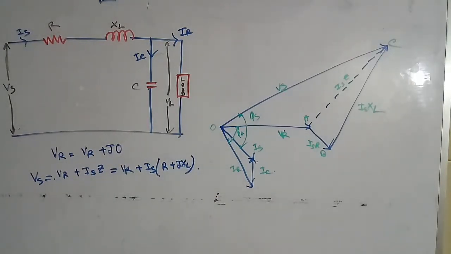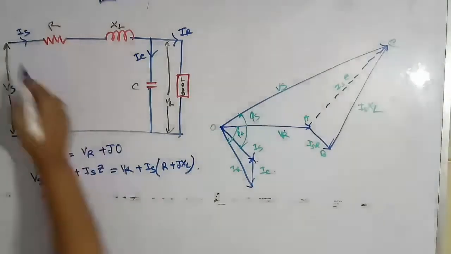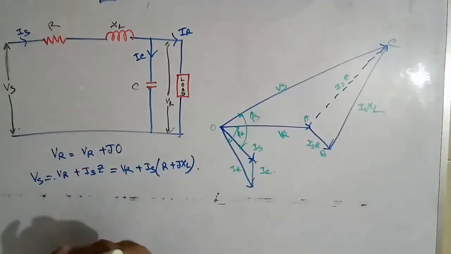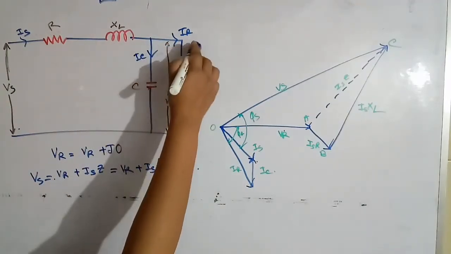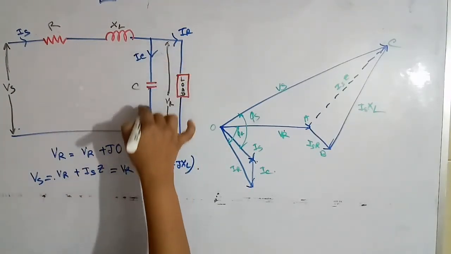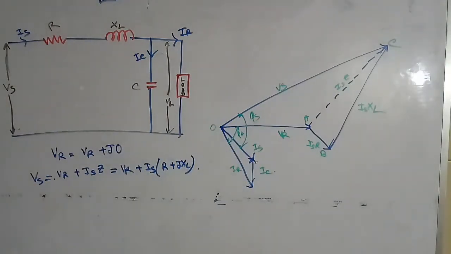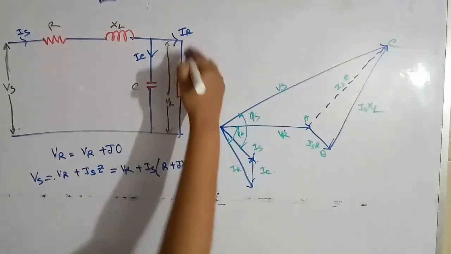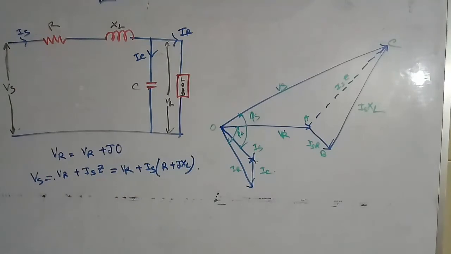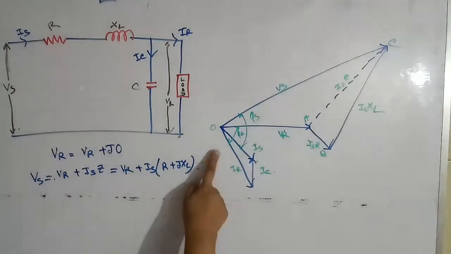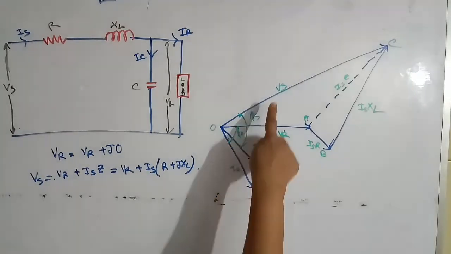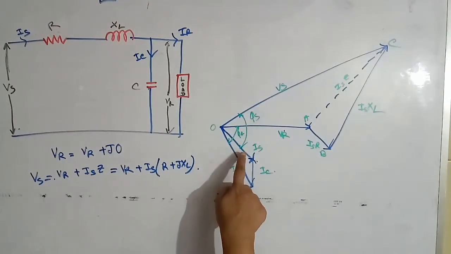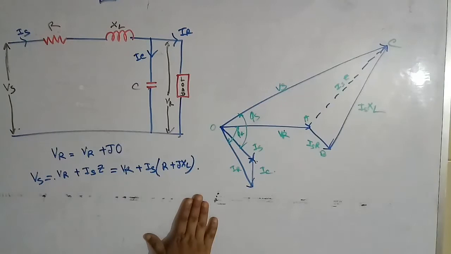Now the sending end current Is is divided into IC and IR, where IC is the current through the capacitance and IR is the current through the load. IR lags behind the voltage VR and also Is lags behind the voltage Vs as the power factor is lagging.